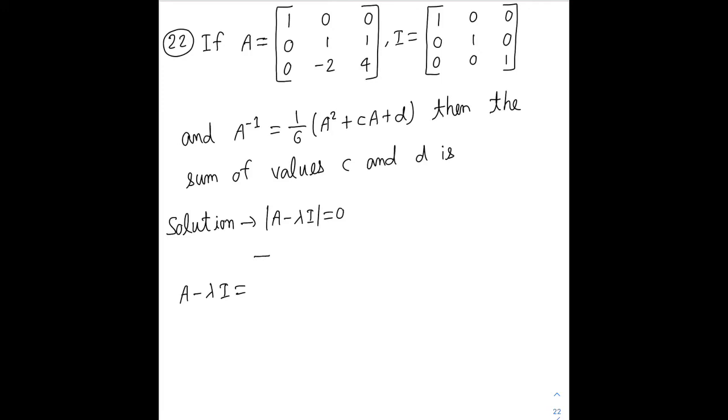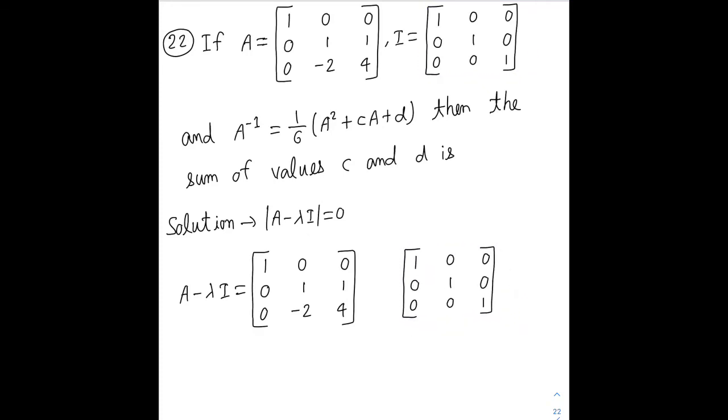So in place of A, we write this matrix, and then we change the principal diagonal elements.